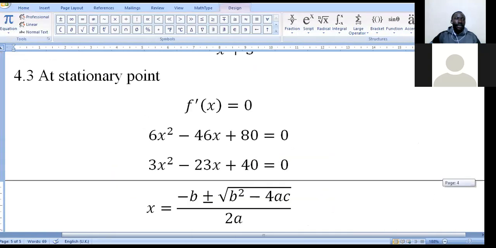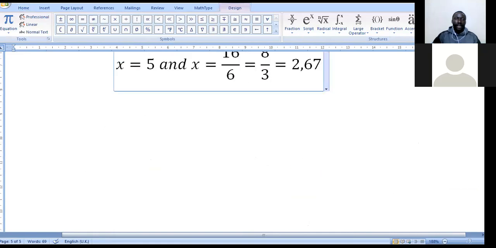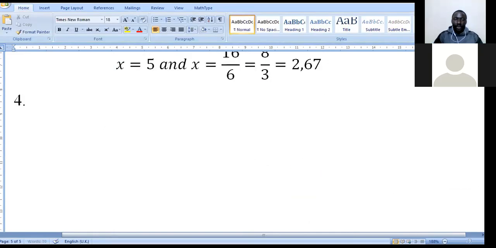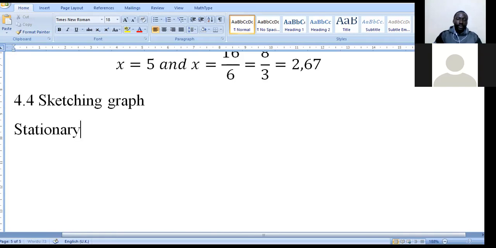This is 4.3, so we are dealing with 4.4 right now. So 4.4, sketching the graph. The two stationary points: the first one where x is 5, but we don't have the y value.